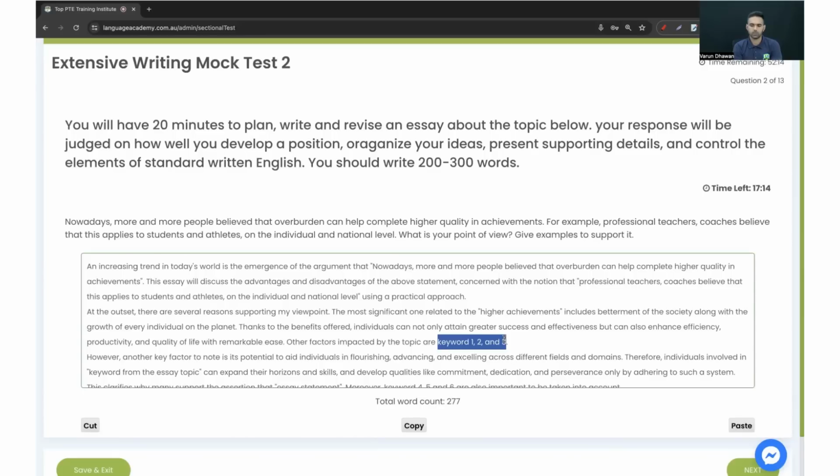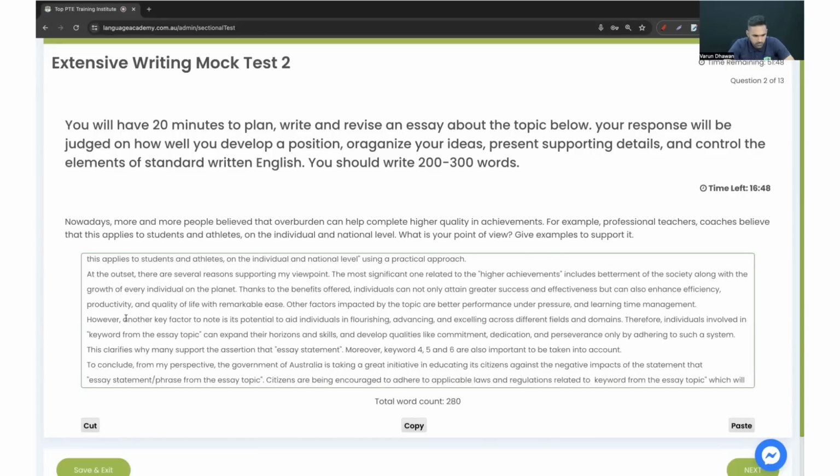Means if you are more under pressure, you tend to perform better. Teachers and coaches also believe that this happens in students and in sports as well, right? So we can write 3 words. Other factors impacted by the topic are better performance under pressure and learning time management. That's it. 2 keywords are enough, and then we move here.